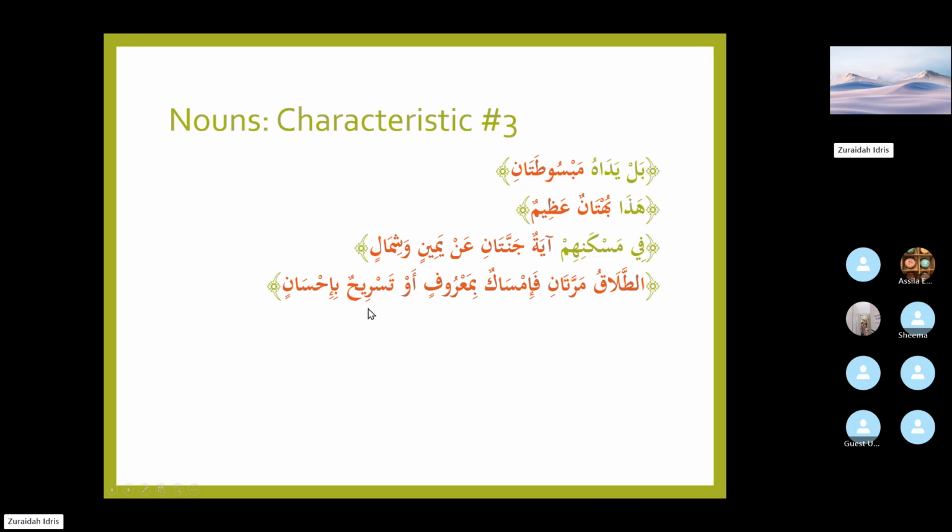This whole word is not an addition. It is actually from the root letters sin ra ha. Rih is ra ya ha. Okay. It's masculine and singular.